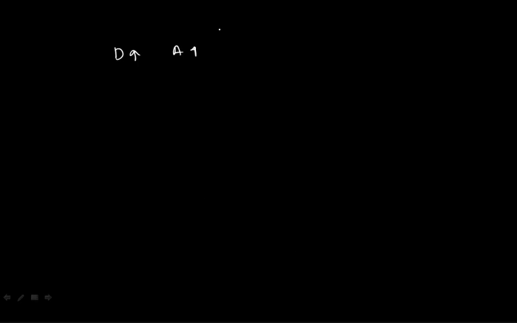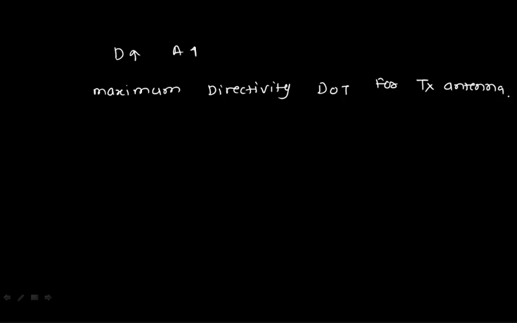So if I consider my maximum directivity to be DOT for the transmitting antenna, this is the maximum directivity of your transmitting antenna, and DOR for the receiving antenna. These are the maximum directivities.